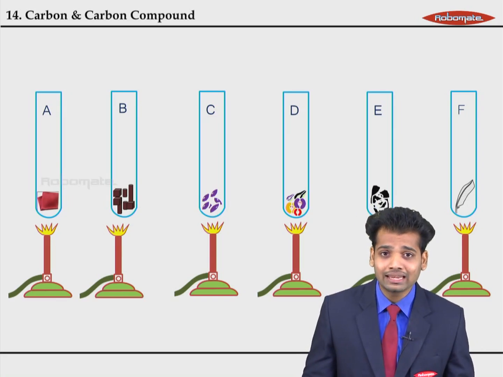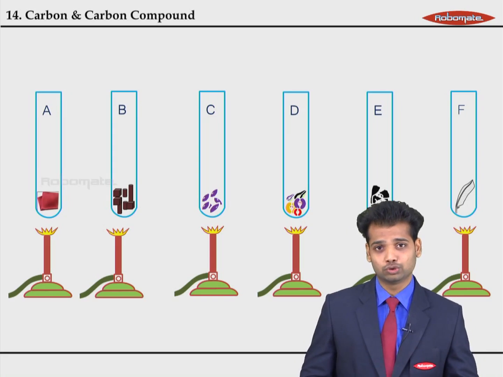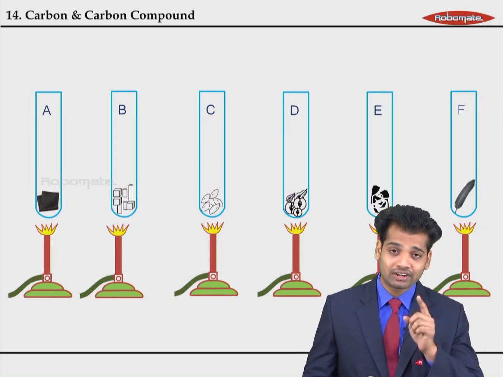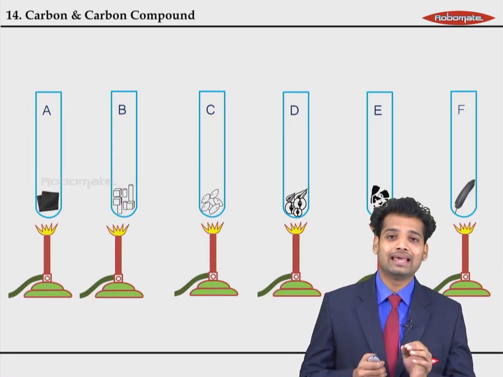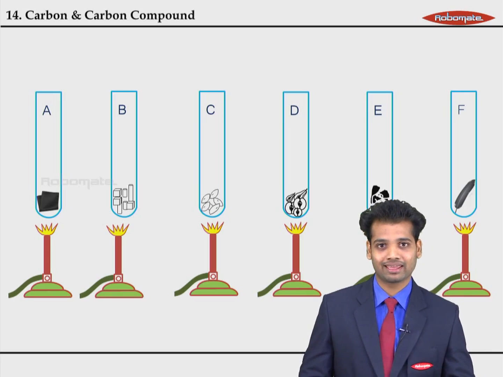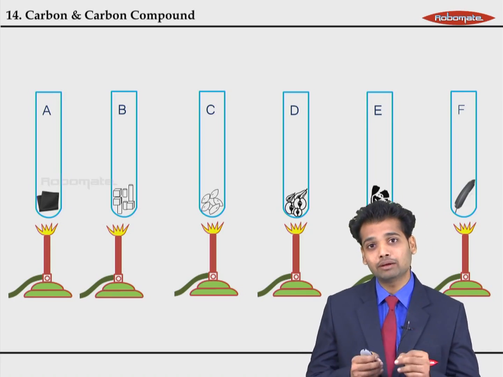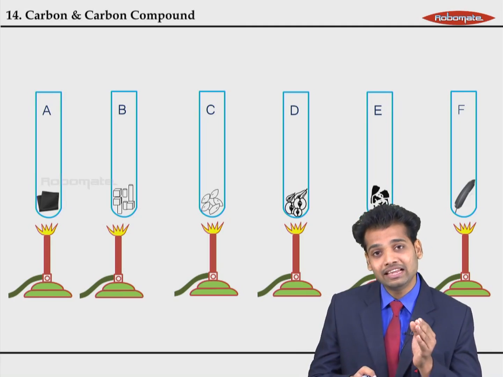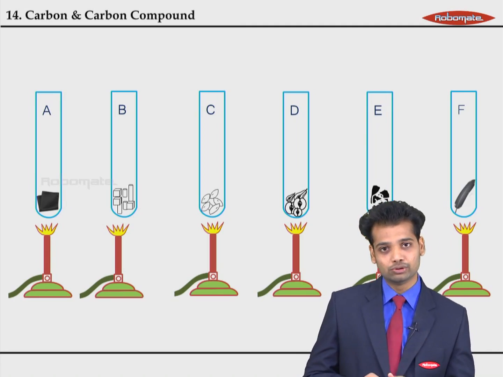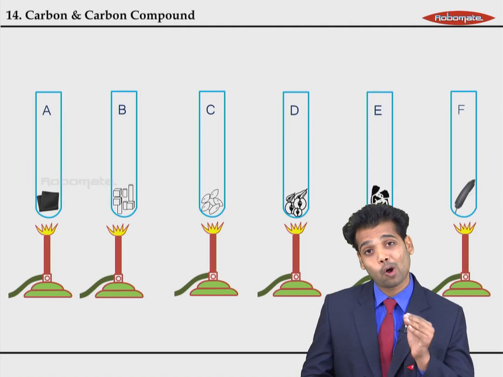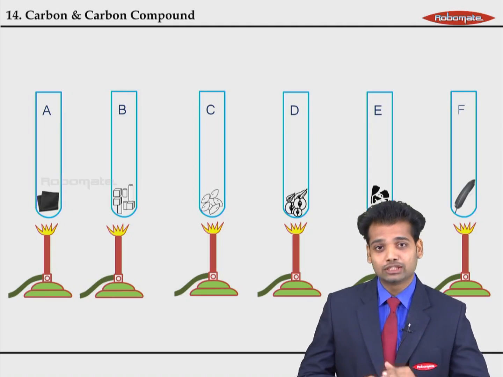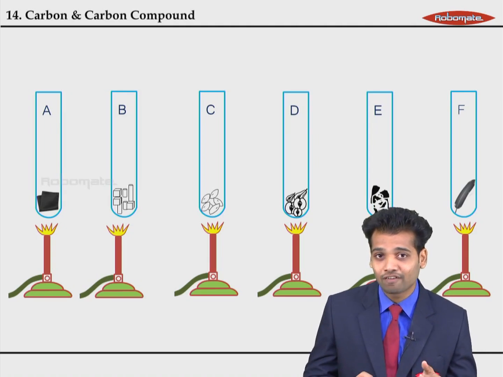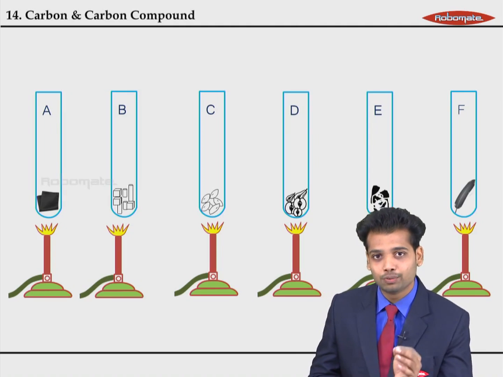The answer to that is all these substances, when burnt, have a single common element, that is carbon. Every time a substance gets burnt, it leaves behind a carbon residue, and that carbon residue is always black in color. So all these substances change their color from any of the colors to black.